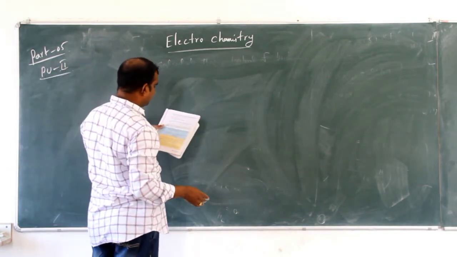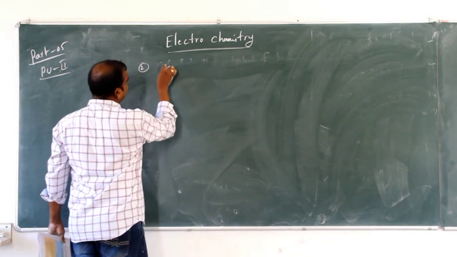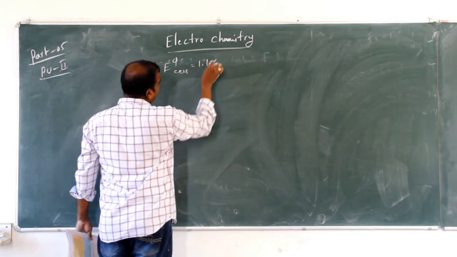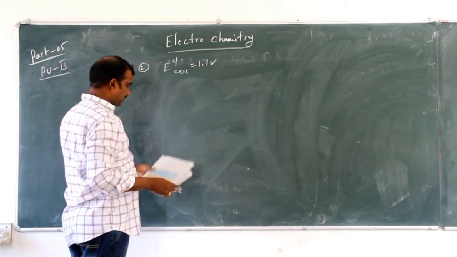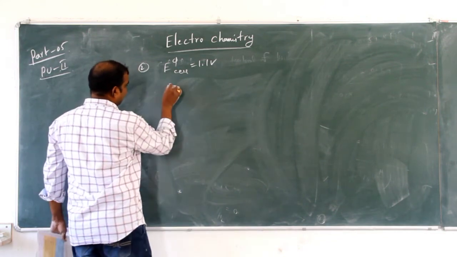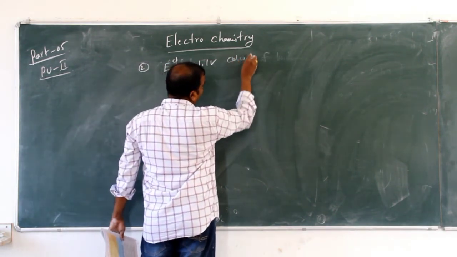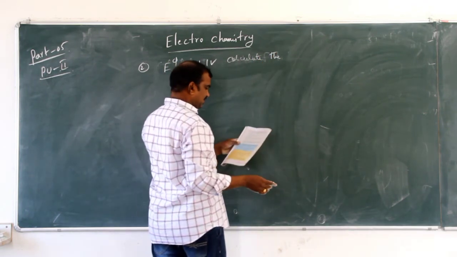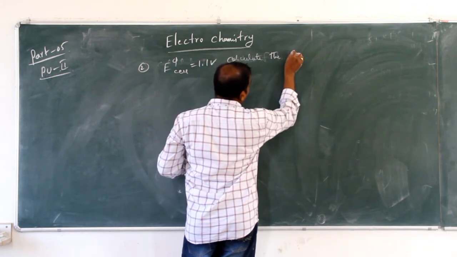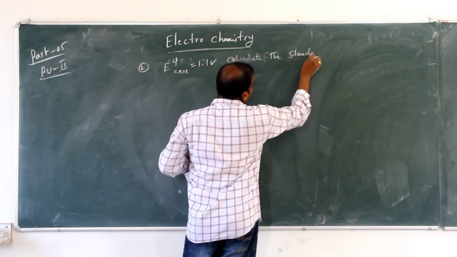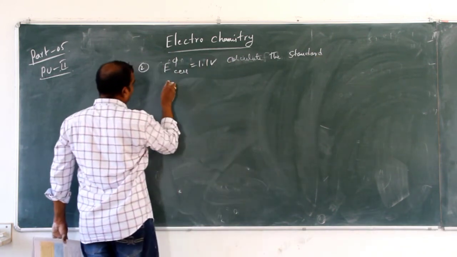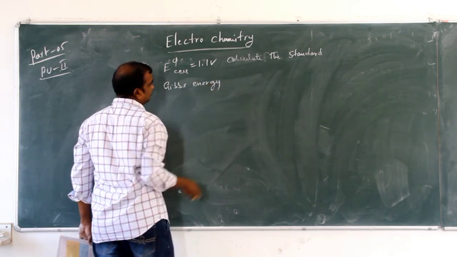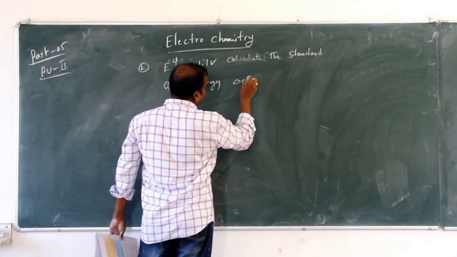The standard EMF of the cell is given as E naught cell equal to 1.1 volts. Calculate the standard Gibbs energy, delta G naught.